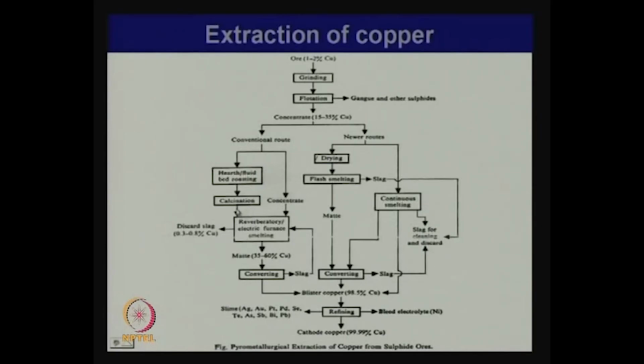Now, there is another minor step sometimes called calcination, which is not a very important step, and we can ignore that for now. The first step of roasting, which can be in a hearth roaster or in a fluid bed roaster, you should understand by now. There the main point is to heat the concentrates without fusion, in the solid state.